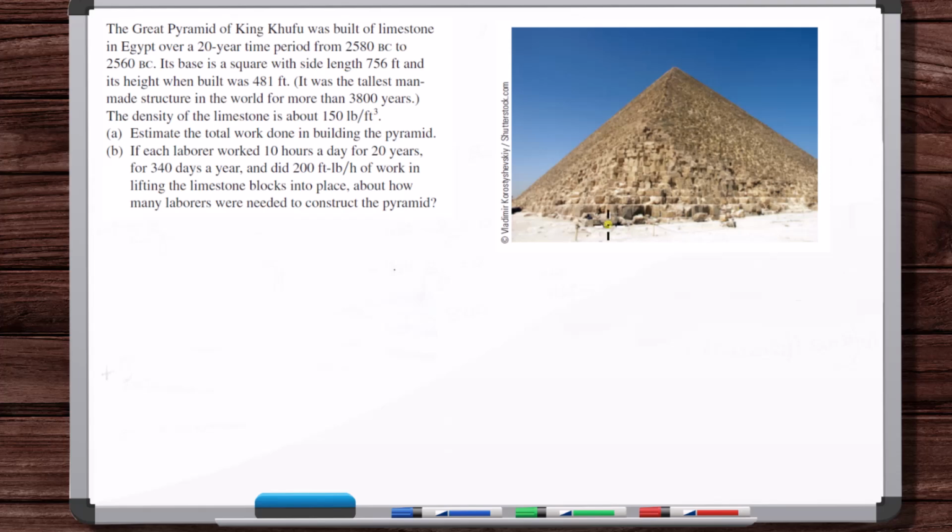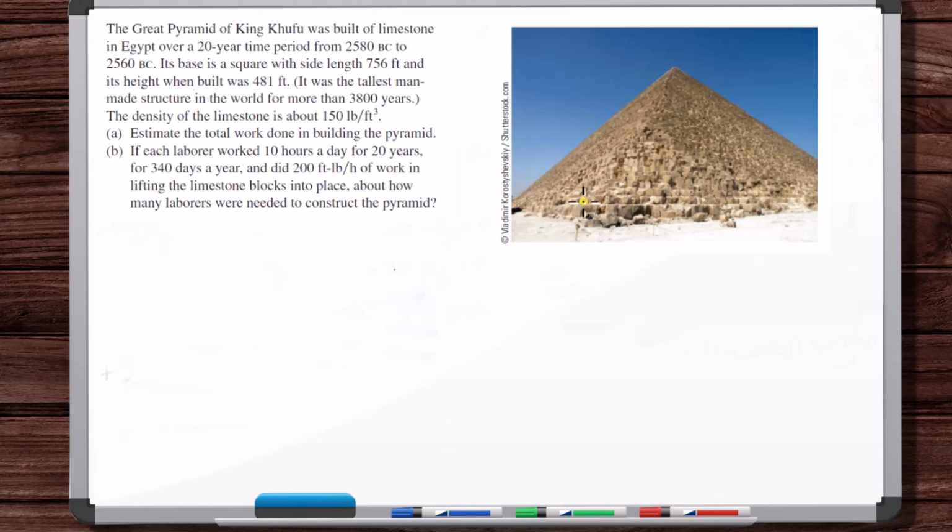And why not? Because they didn't lift it. They didn't have to technically lift any stones up to put those stones in place, but they actually did, right? They had to pick them up to move them. But this is a very simplified case, and it isn't a physics class. It's a simplified case just to practice the integration process.